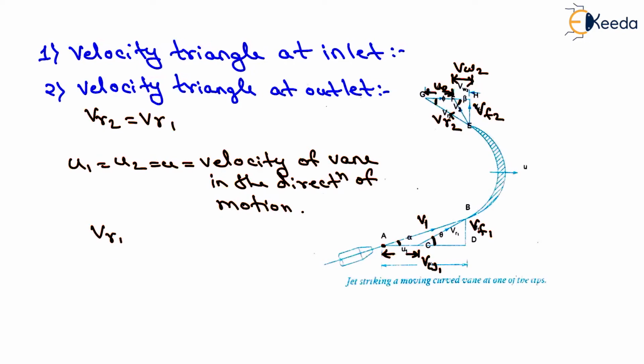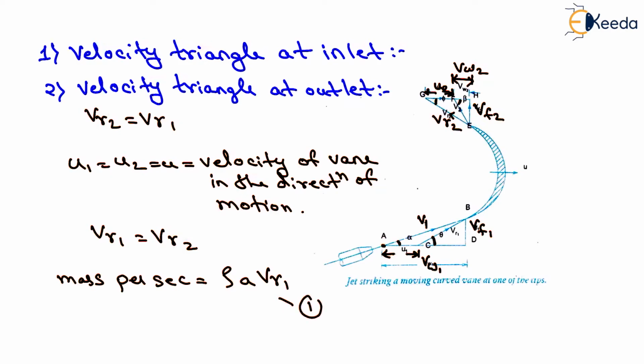And Vr1 will be equal to Vr2. Now the mass of water striking the vane per second will be equal to rho into A into Vr1. This is our first equation, where A is the area of the jet of water and Vr1 is the relative velocity at inlet.